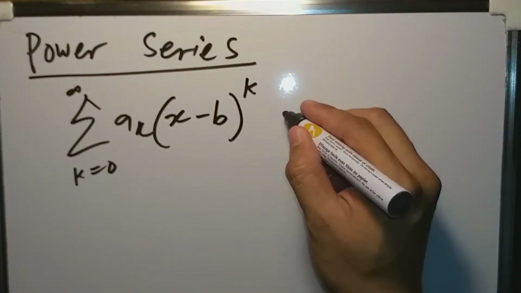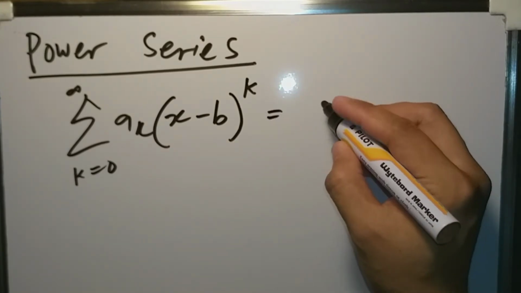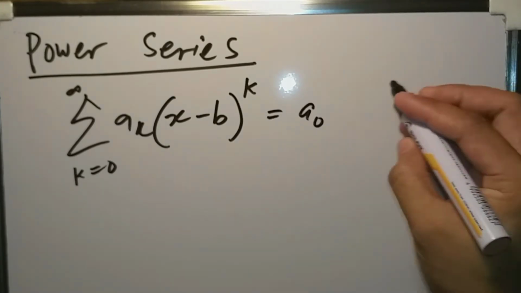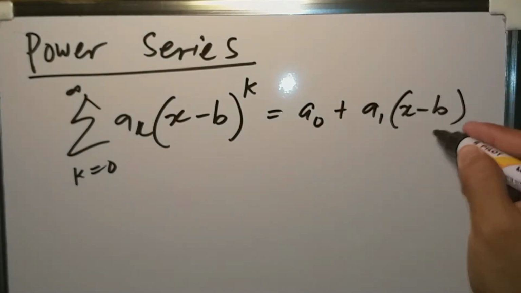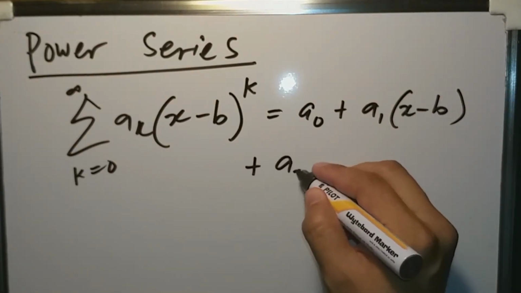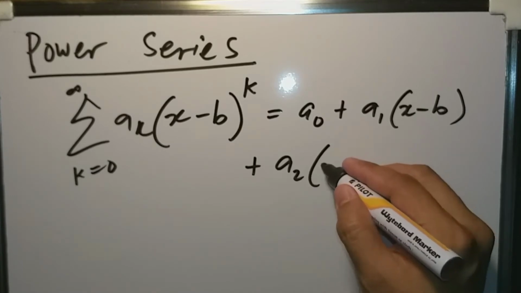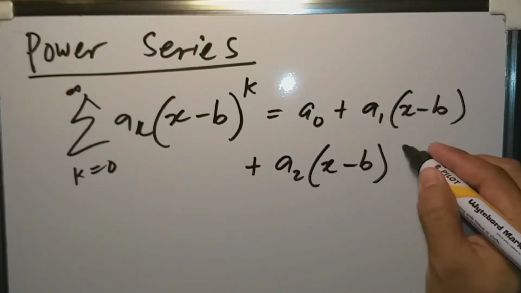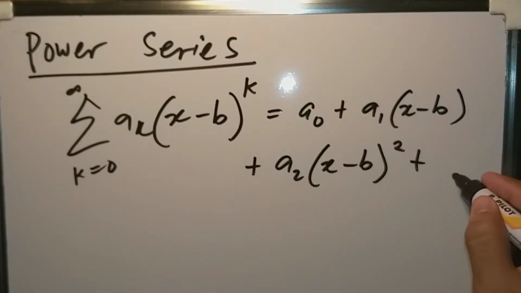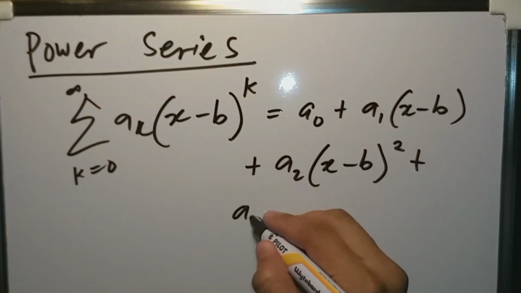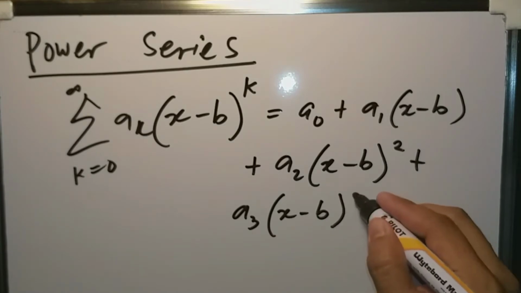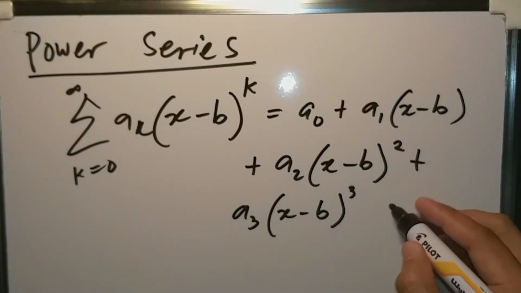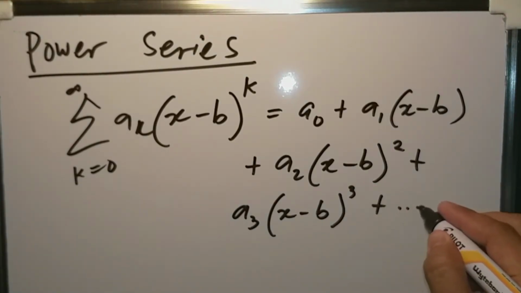So we can expand this as a_0 plus a_1 times (x minus b) plus a_2 times the quantity (x minus b) squared plus a_3 times the quantity (x minus b) cubed plus dot dot dot.